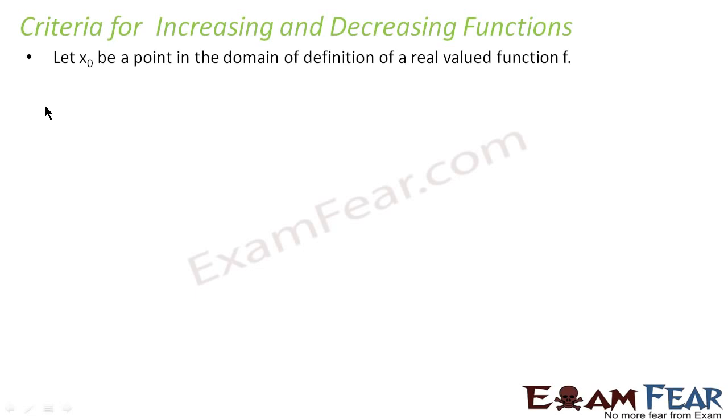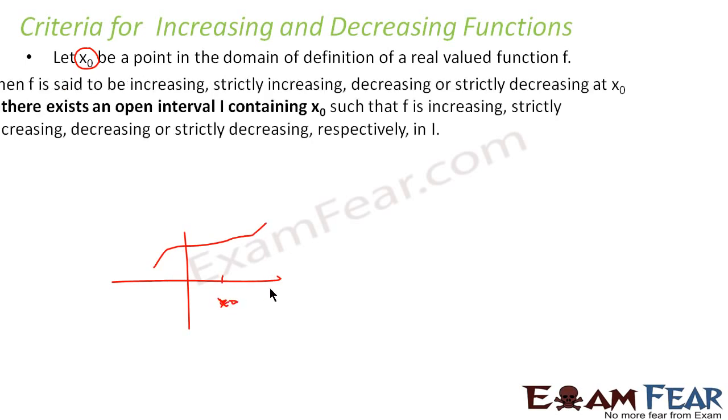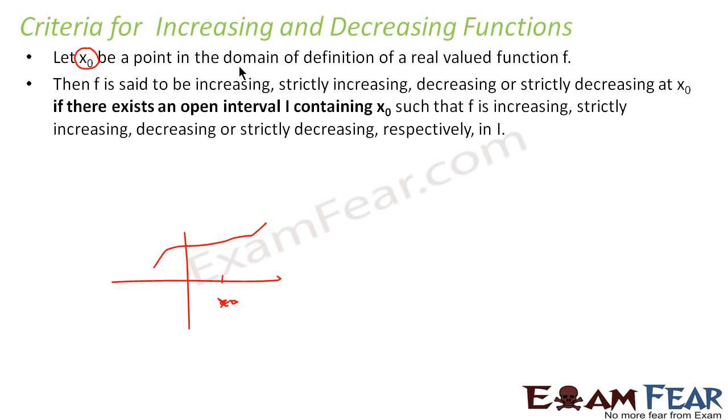Now let's understand the criteria for increasing and decreasing function. If I say x0 is a point on the domain of the function, for example, this is my function, y is my range and x0 is a point in the domain, then I say f is said to be increasing, strictly increasing, decreasing, or strictly decreasing if there exists an open interval.